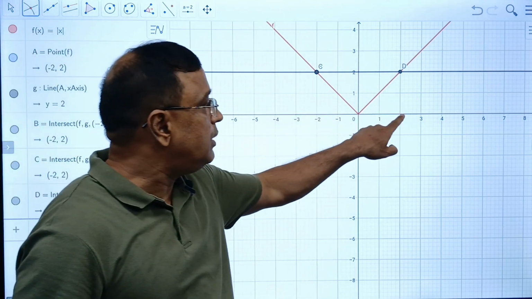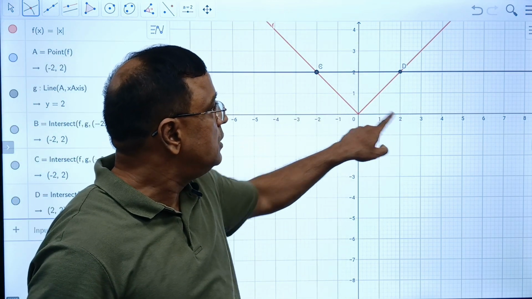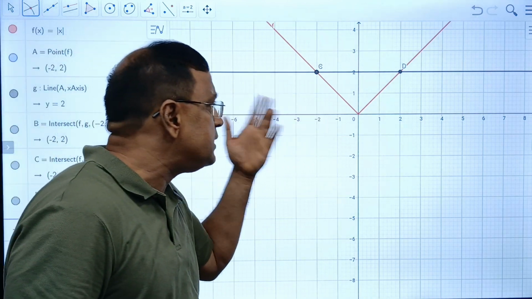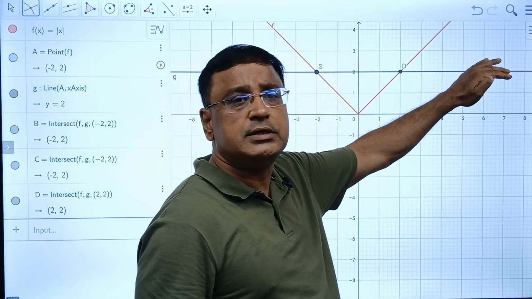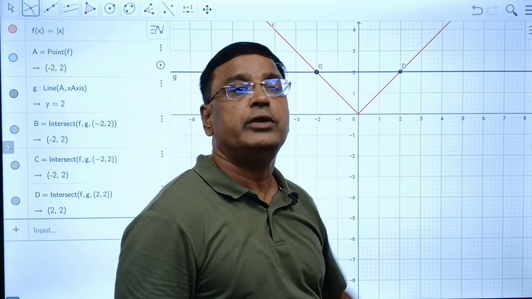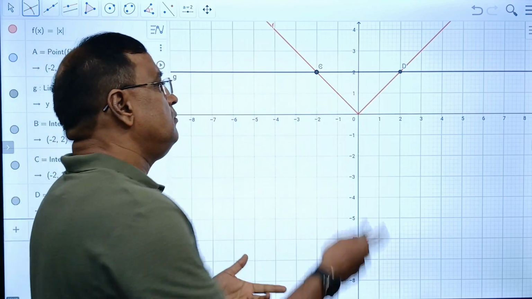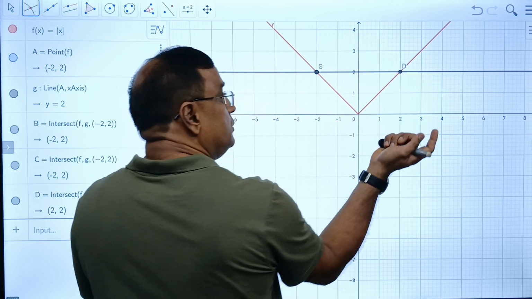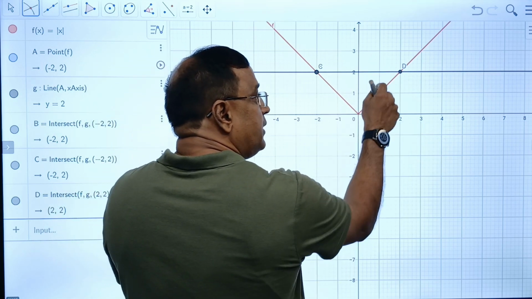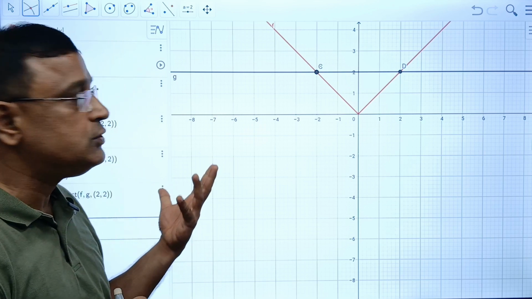So, for two different values of x, that is 2 and minus 2, I got the same y value. Therefore, it is not 1 to 1. Since it intersects the graph at 2 points, it cannot be 1 to 1. Or the example which I took, minus 1 and 1, they are different, but they have the same y value, which is 1. Therefore, it is not 1 to 1.